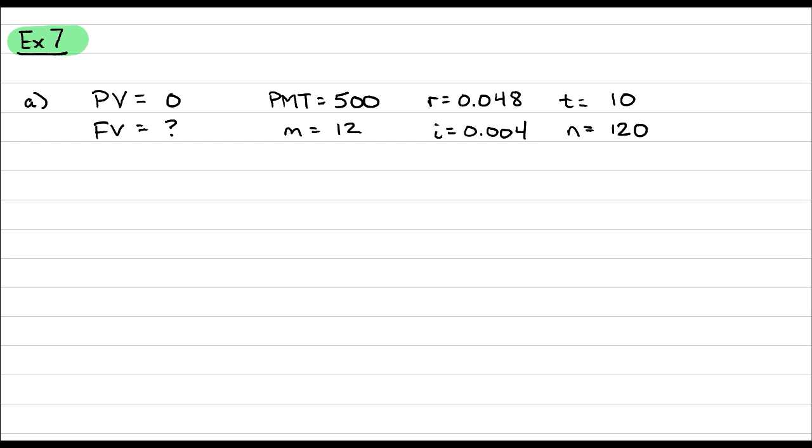Okay, so this is basically just a straightforward application of the annuity formula. We have that future value is equal to, since PV is 0, I don't need to worry about the first term in the annuity formula.